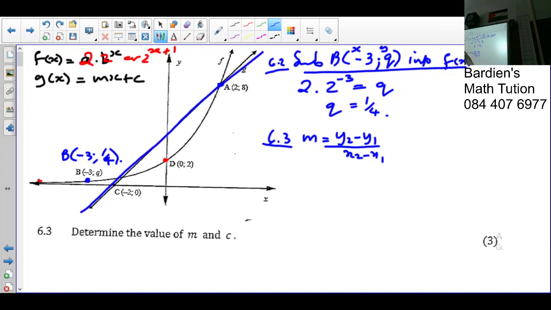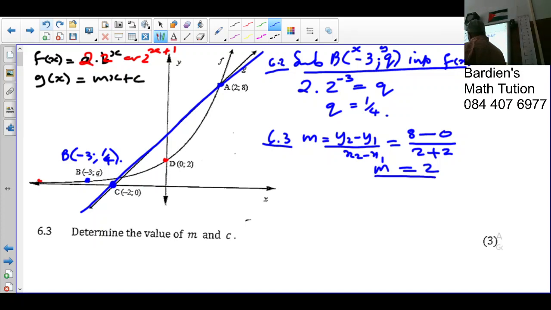We have A and C. So if this is x1, that must be y1, x2, y2, and so on. So it's 8 minus 0 over 2 minus 2, which becomes 8 over 4, which is 2. So my m value is 2. Not so?